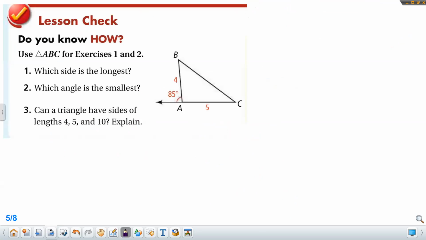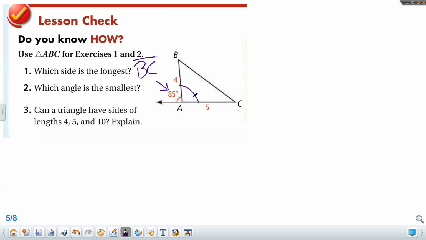Exercise to check your understanding. Number 1, which side is the longest in this triangle? Yes, good. It is BC. Why? The measure of this angle is 85. How to find this angle?